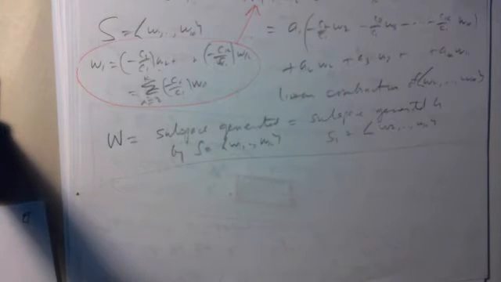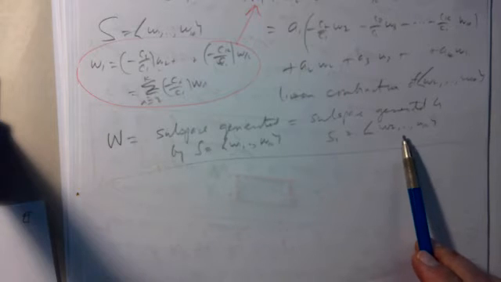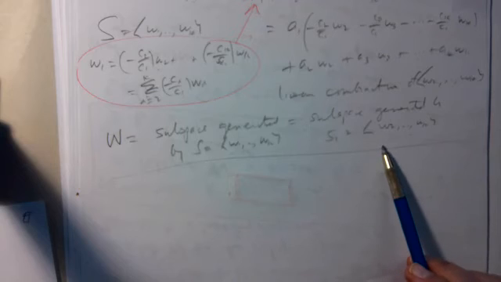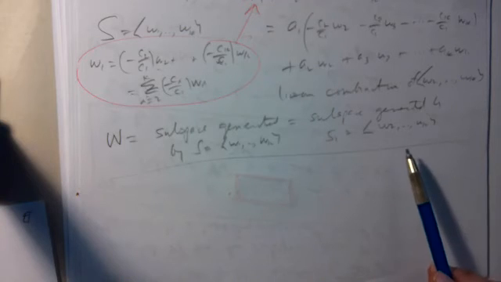So W is the subspace generated by S. If S is linearly dependent, I can throw away one of the vectors. I get a smaller set. It has one fewer vector, but it still generates W. And I can iterate or repeat this argument. If this set is linearly dependent, then I can throw away some vector and I get a smaller set which generates the same subspace. And if that set is linearly dependent, I can keep throwing away vectors.